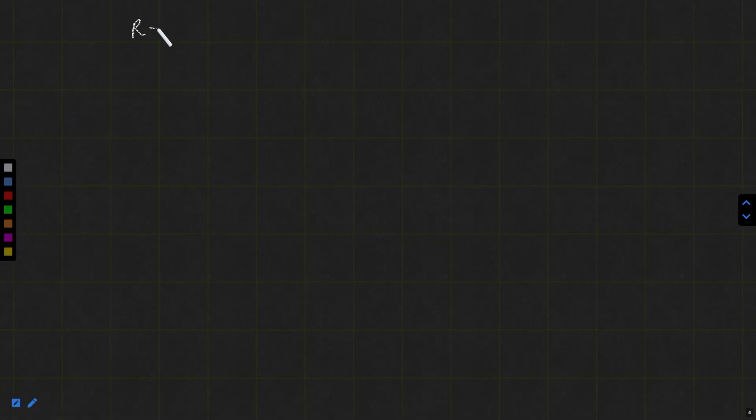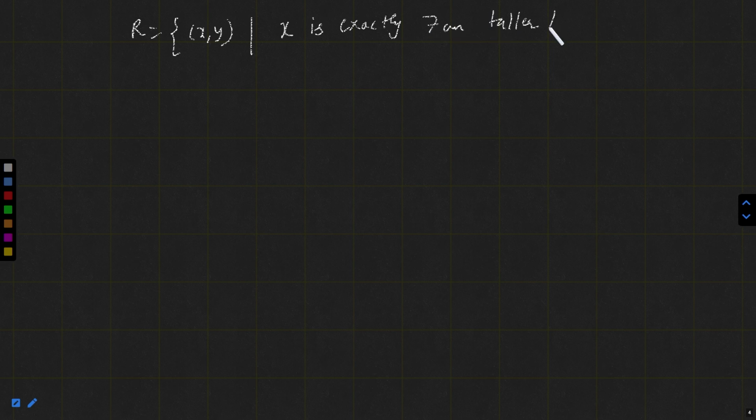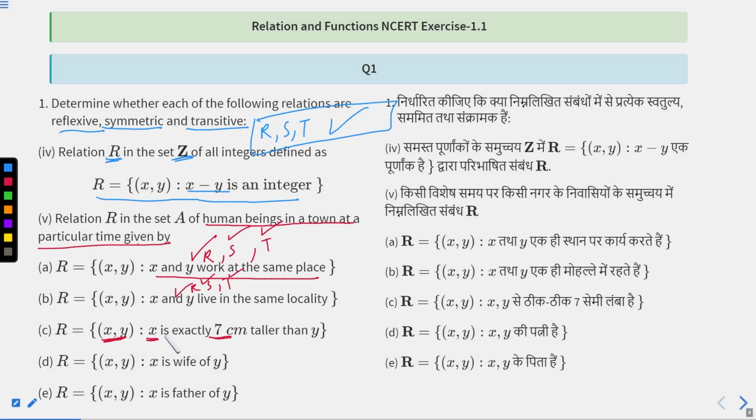So, a pair of two persons such that x is exactly 7 centimeters taller than y.